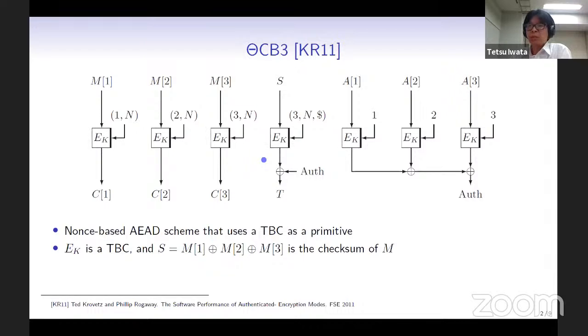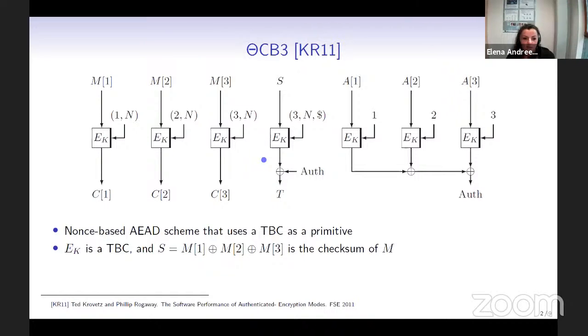And I think this approach can be applied to many contexts in the TBC-based related constructions. So I don't have specific examples to illustrate, but I think the idea was trying in many other constructions.